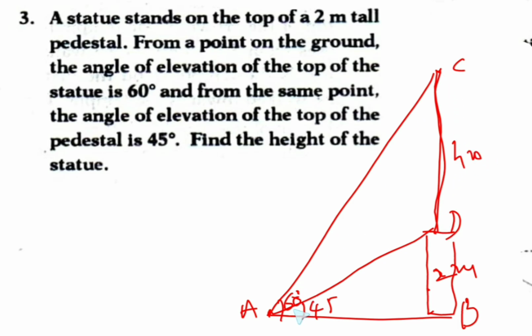The angle to the top of the statue is 60 degrees and to the pedestal top is 45 degrees. We need to find h.